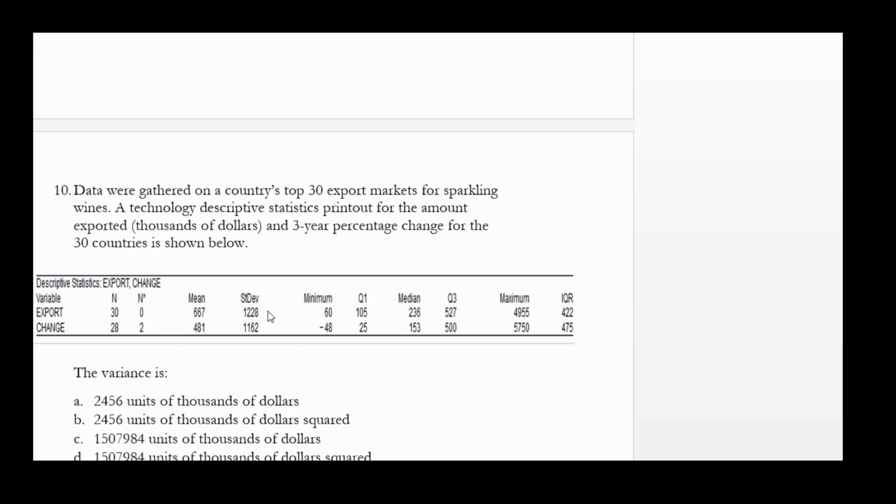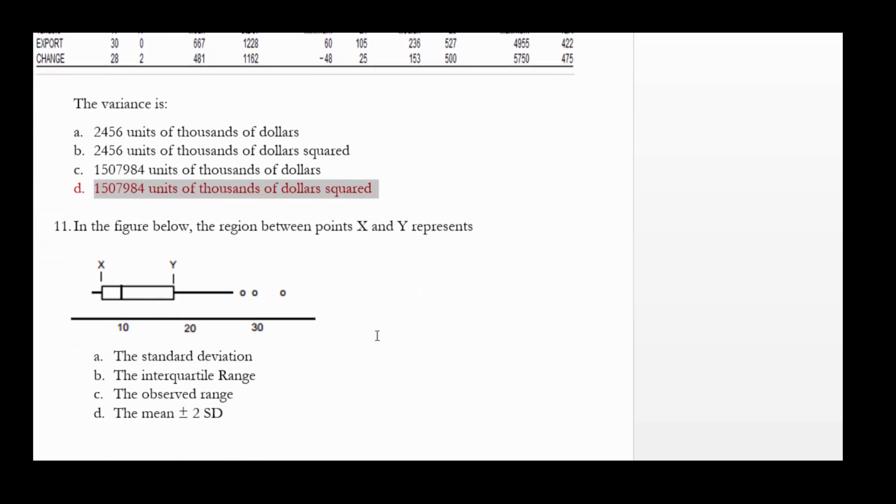So we know if it's variance, it has to be one of the ones with squared dollars, and it's going to be the 1228 squared, the standard deviation squared. And I'll verify this. I know which one it is, it's this one.